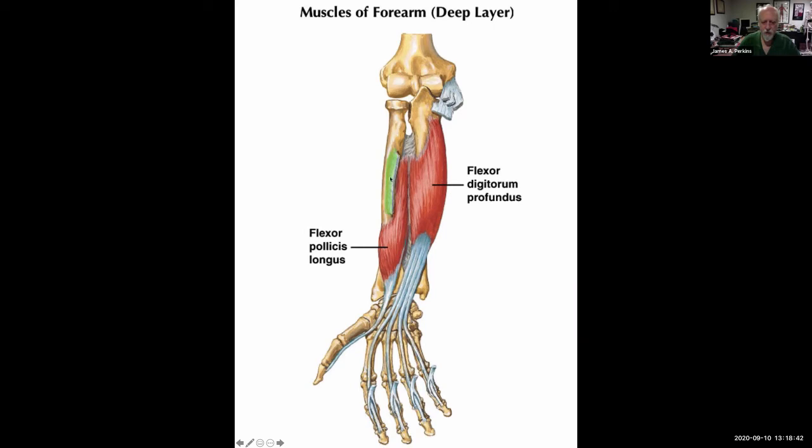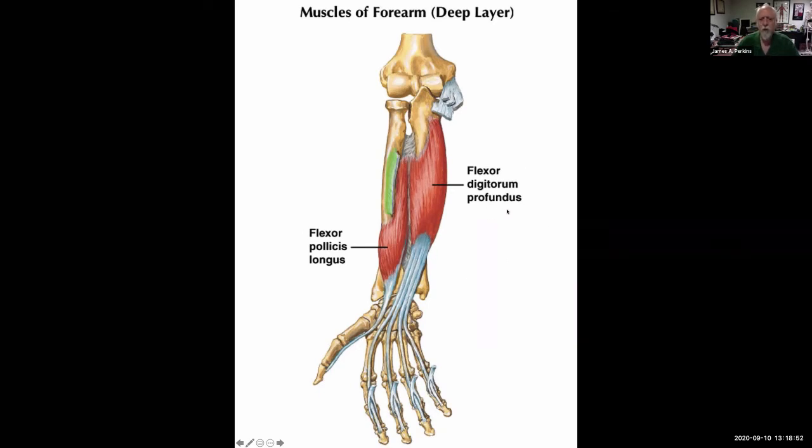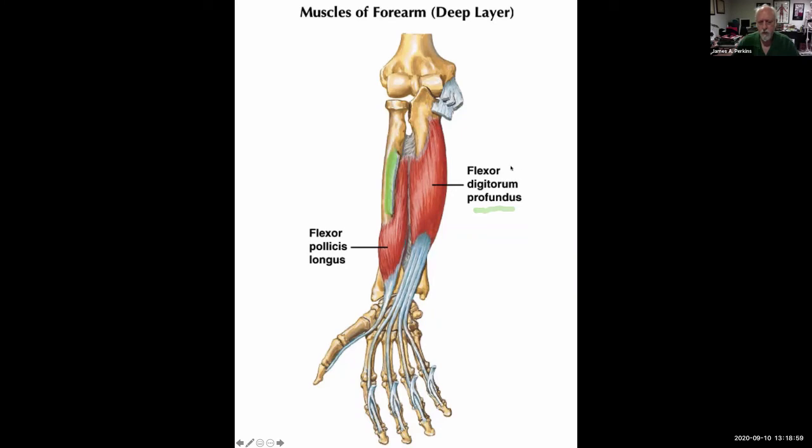Then you'll be able to see some of the muscles that lie in the deepest layer of the anterior compartment. And there are 2 shown here. There's a third one that I'll show you, I think, on another slide. Flexor digitorum profundus. So it's another flexor of the fingers, but it lies deeper.